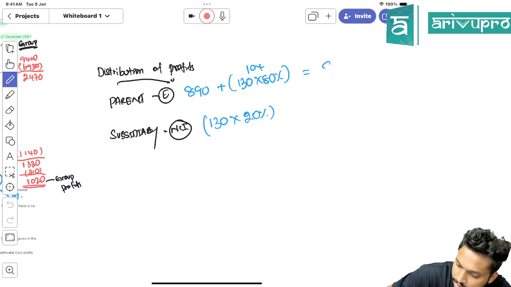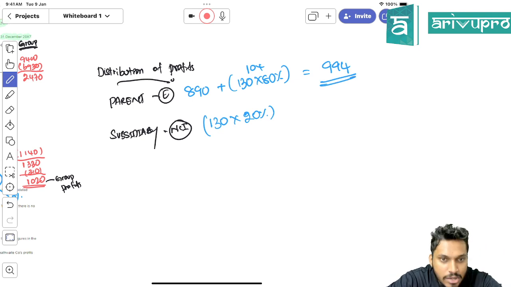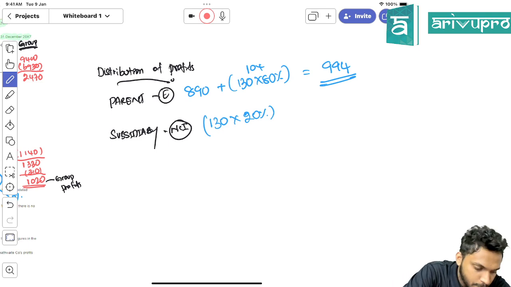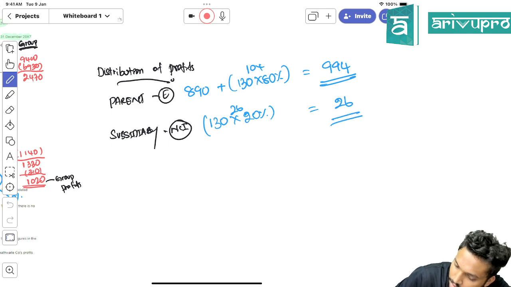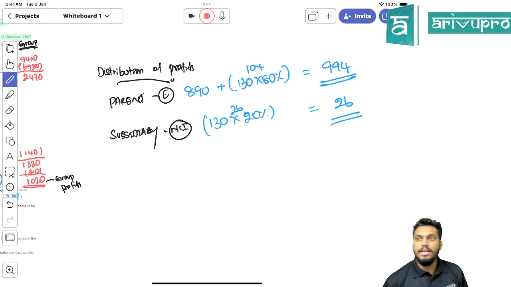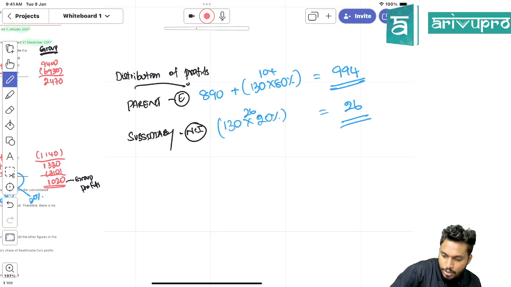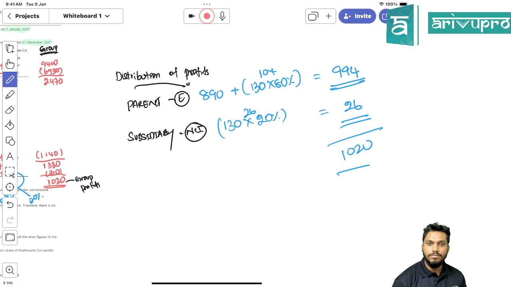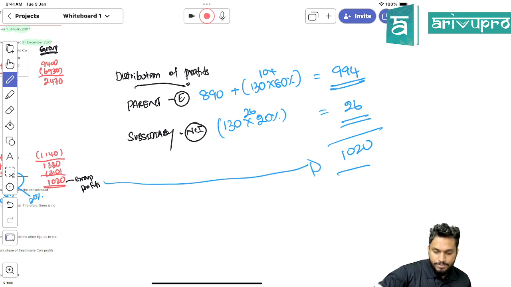So the total profit here is 994. So this is the total profit which the parent will take home, and then 130 into 20% is 26. So only 26,000 worth of profits will the non-controlling interest take home. Did you understand that? So now when you total these two, that is 1,020. That is the group profit.